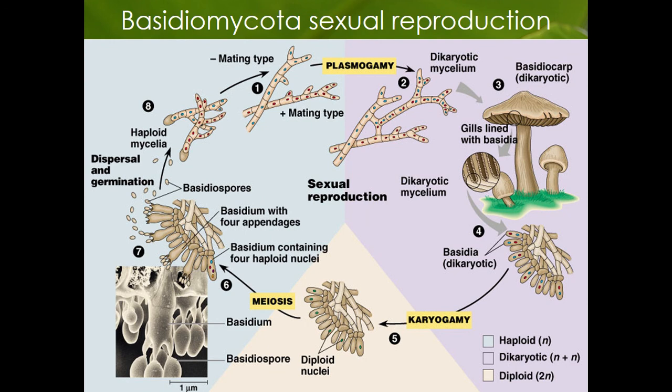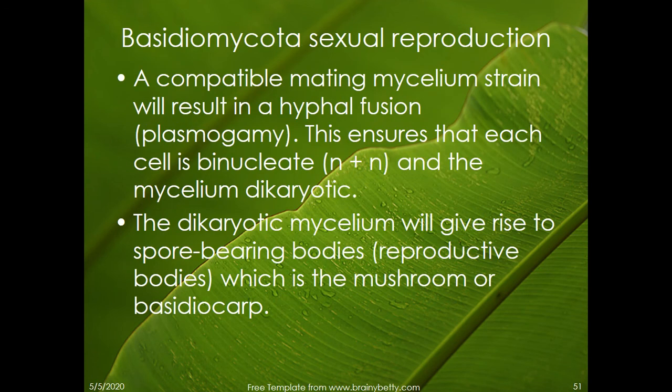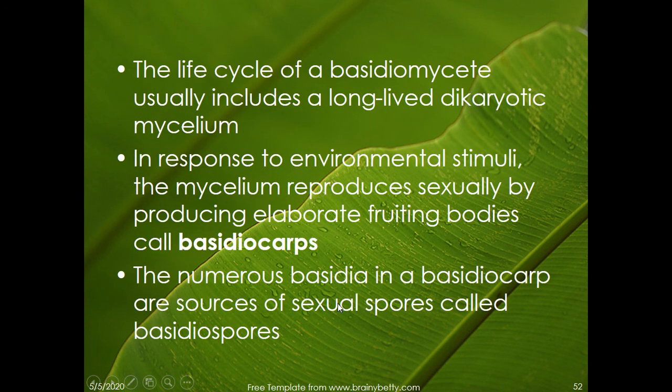Basidiomycota undergo sexual reproduction only, in which sexual reproduction occurs between two different mycelium strands that undergo the plasmogamy process. Plasmogamy forms a dikaryotic mycelium.